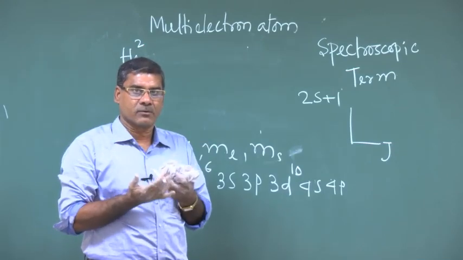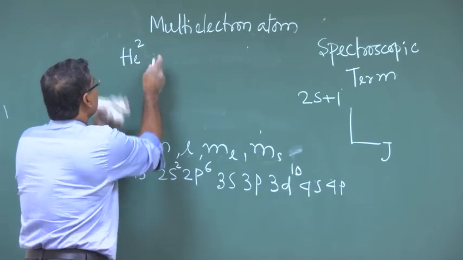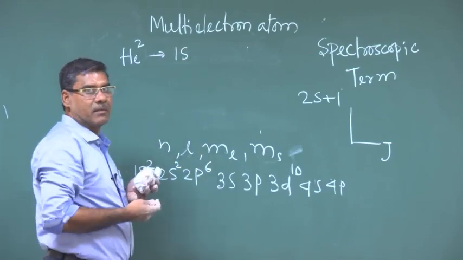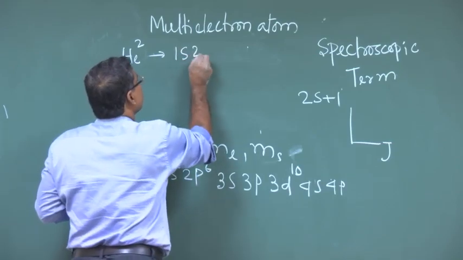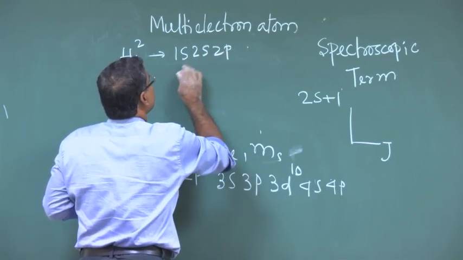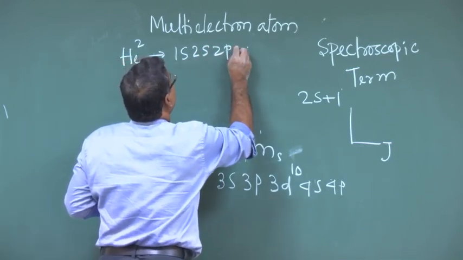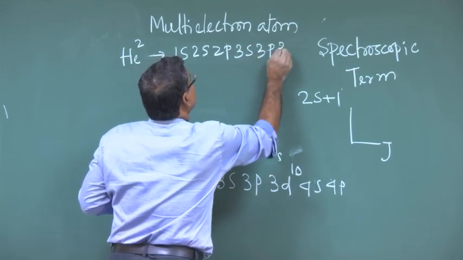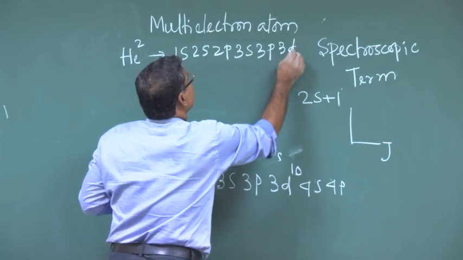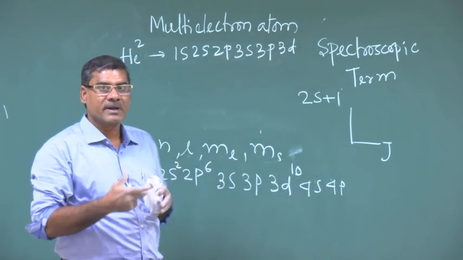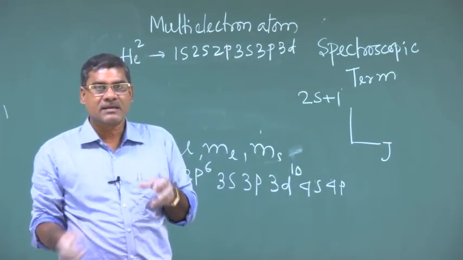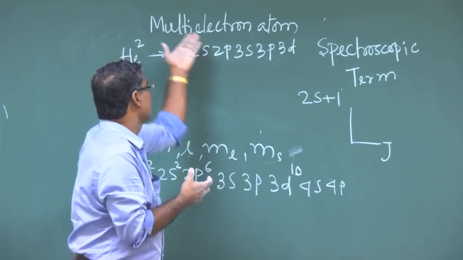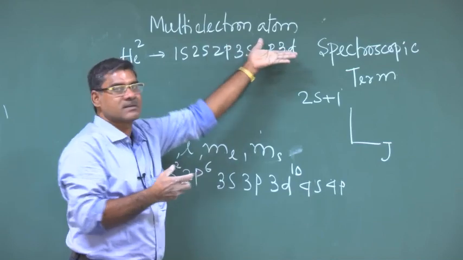But in the helium atom or any atom, these orbitals are available: 1s, 2s, 2p, 3s, 3p, 3d. There is no restriction on the 2 electrons going into any of these orbitals.